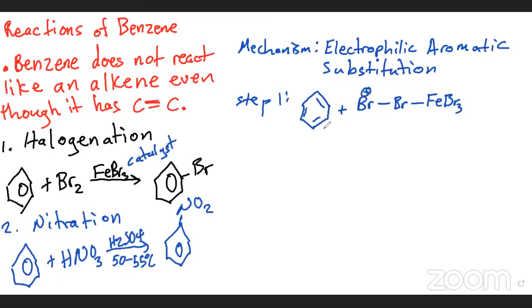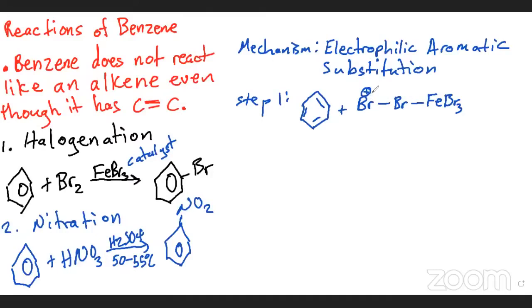All right. The first thing that happens is that your double bond here, and you can choose, but typically use the one at the front. You just draw your benzene. You have a FeBr3 that is bonded to your Br2 molecule.